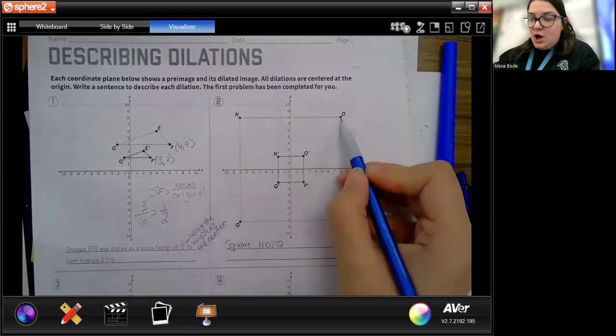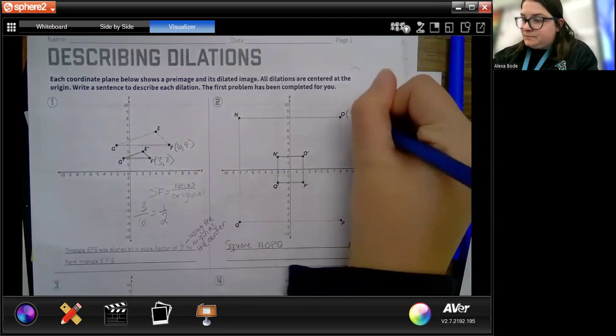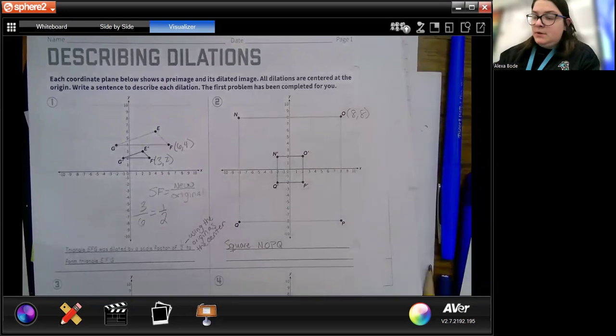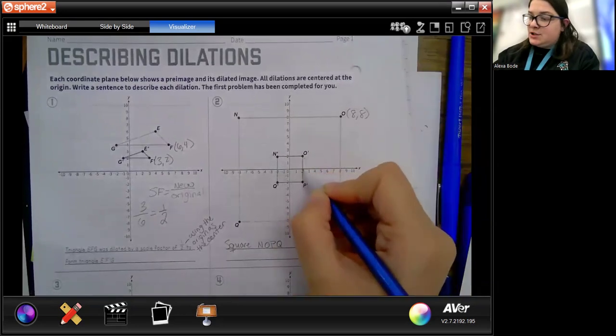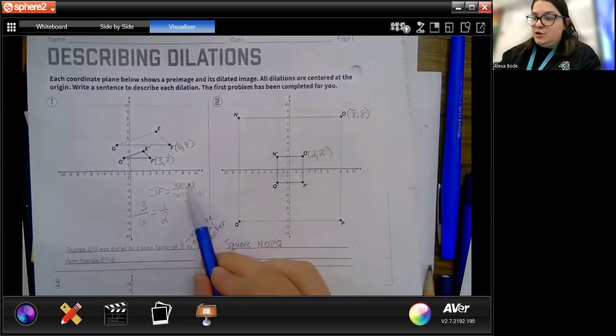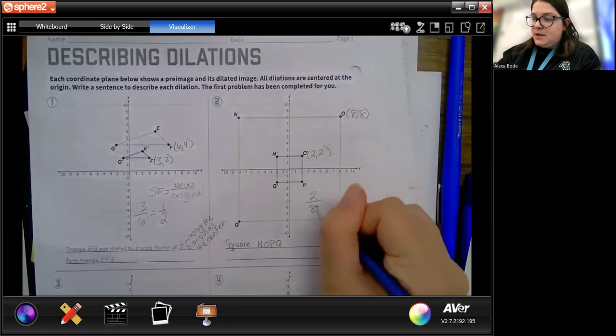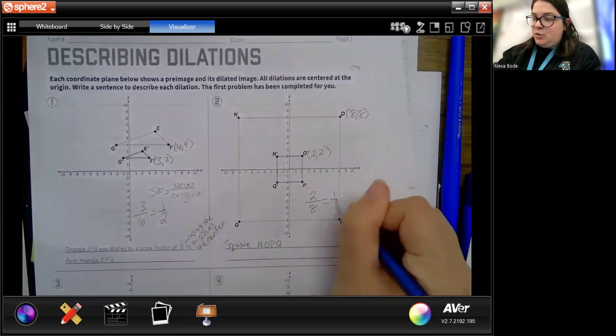So if I'm looking at O, it is at 8 comma 8. That is my original. O prime is at 2 comma 2. So again, if I'm going to do the new over the original, I'm doing 2 over 8, and that simplifies to 1 over 4.